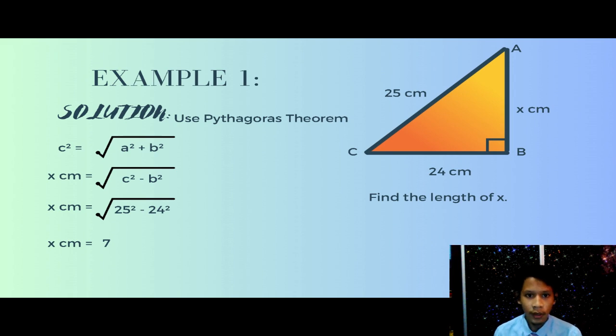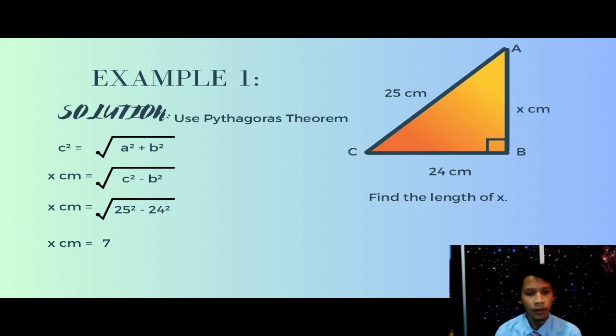We can use the Pythagoras theorem to find the side that is unknown, and that is c squared equals a squared plus b squared. And c is the hypotenuse, and we want to find x, so we modify the theorem a little.